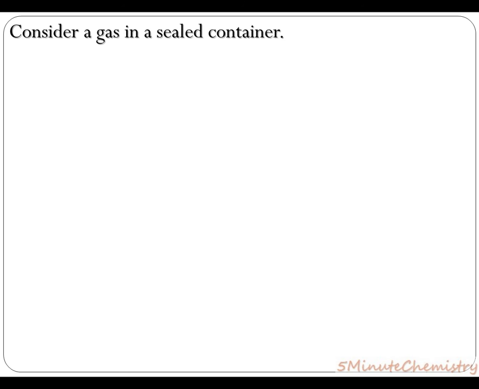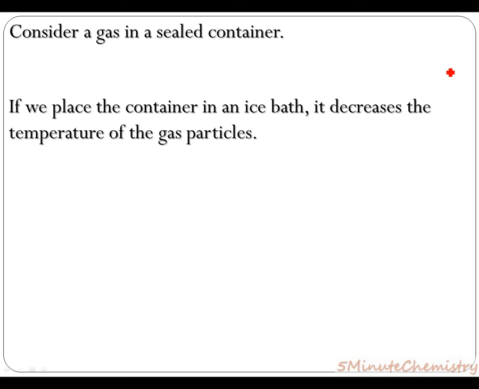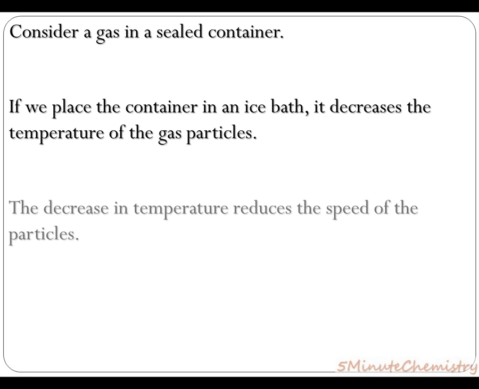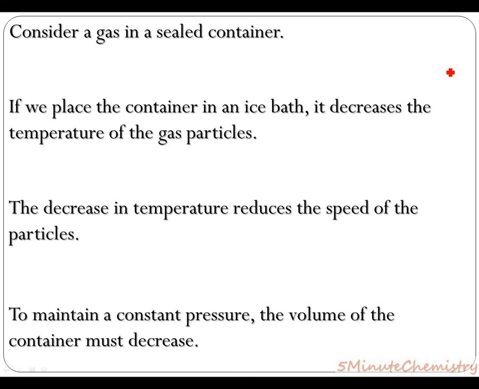Pressure doesn't change, but I'm going to modify the volume. If we place the container in an ice bath, it's going to decrease the temperature of those gas particles. The decrease in temperature reduces the speed of the particles. And in order for us to keep the pressure constant, the thing that must change is the volume. So let's do that now.